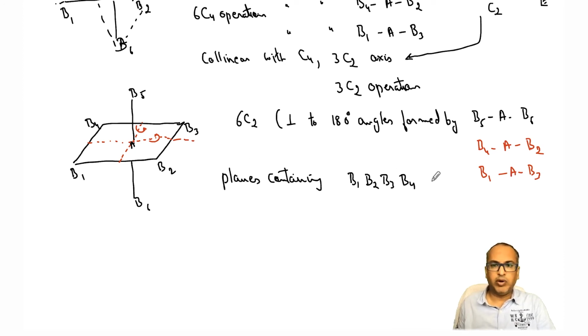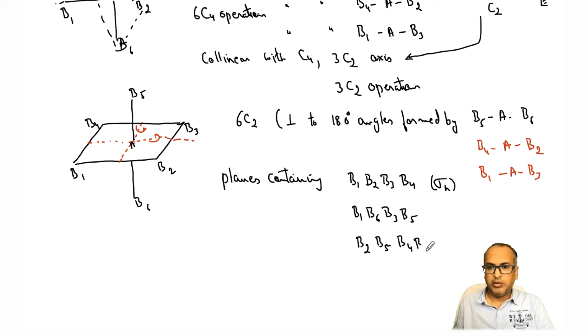This plane will be called sigma H. Similarly, you have B1, B6, B3, B5, and the third one will be B2, B5, B4, B6. These are the planes containing 4 B atoms, and of course the central atom will always be there. And these are three such sigmas.